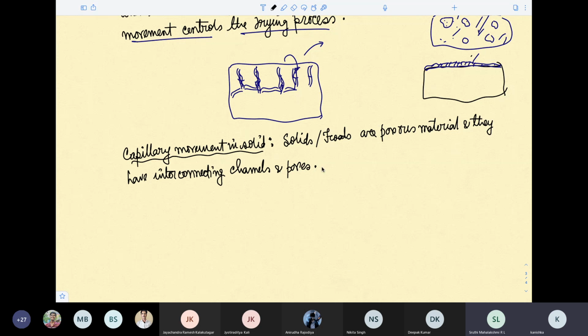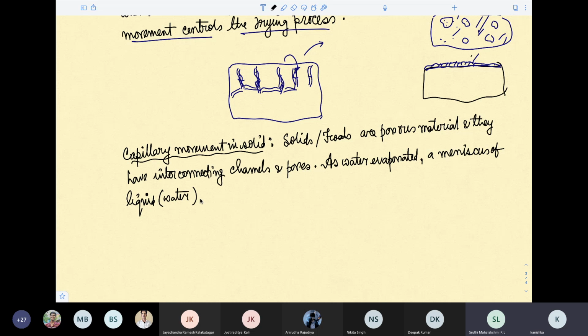As water evaporates, a meniscus of liquid, liquid means water, a meniscus of water is formed around each pore and channel.